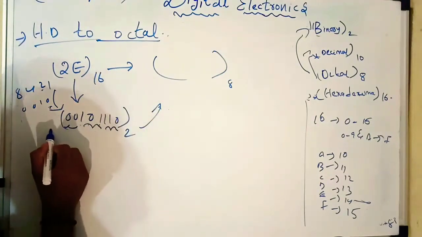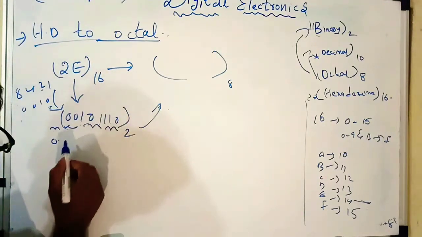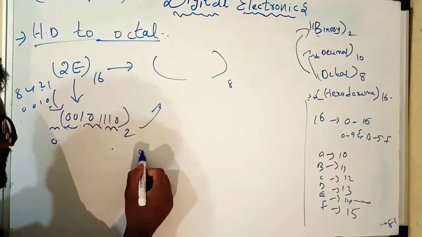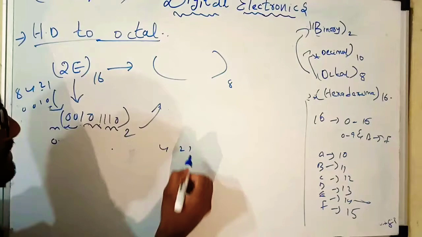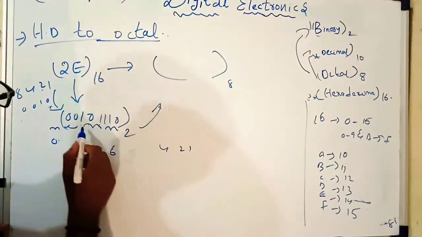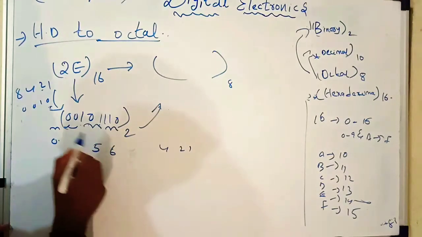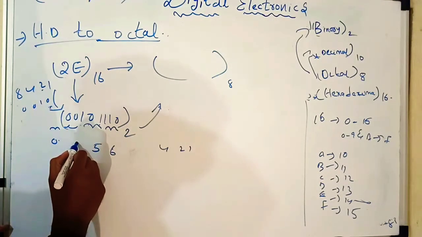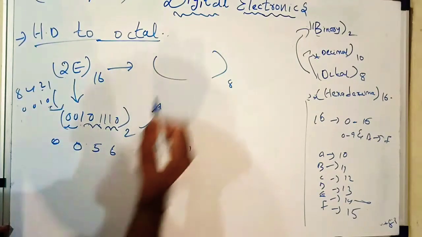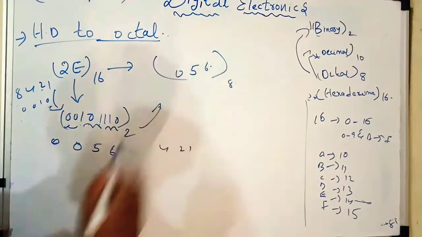Remaining, add 0. For each group of 3 bits, this value is 6, this is 5, and this is 0. This is 056 in octal.